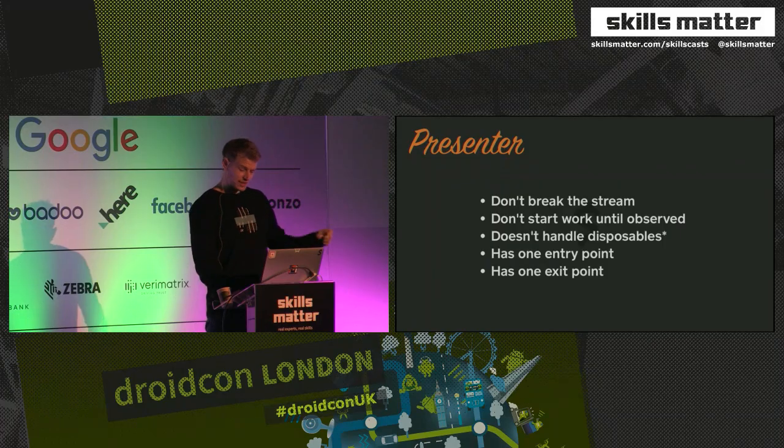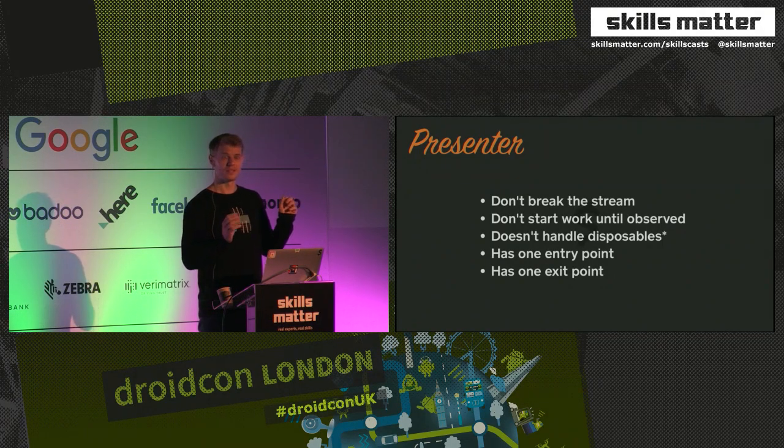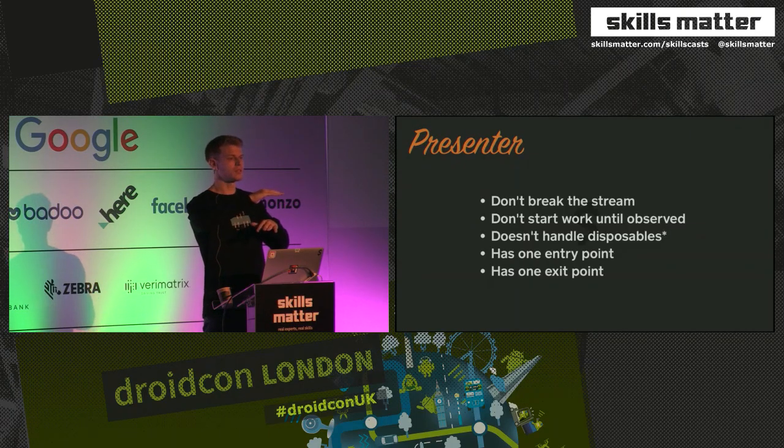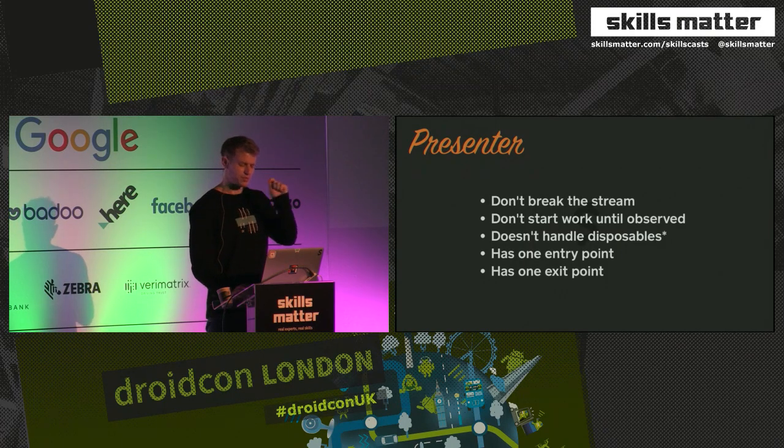The presenter should not handle disposables. Basically, the presenter would be just one pipe of the stream instead of having its own lifecycle management. I put a star on it because it can be tricky if the presenter has to live longer than the view, and we'll talk about this later.